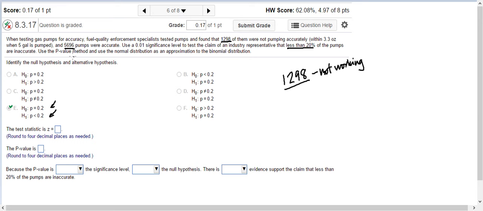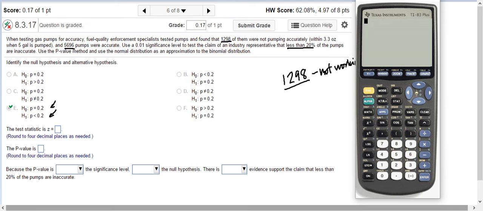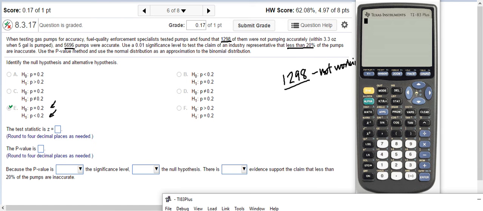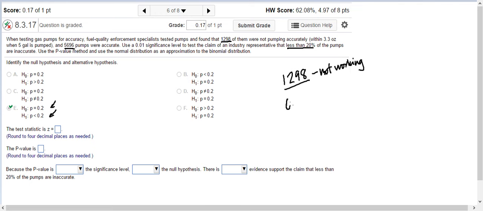Some problems, this second number will be the combined number, but in this case 1298 are not accurate and 5696 were accurate. So let's go add those two numbers first. 1298 plus 5696. So that means there's 6,944 total pumps. Alright, we need that number.